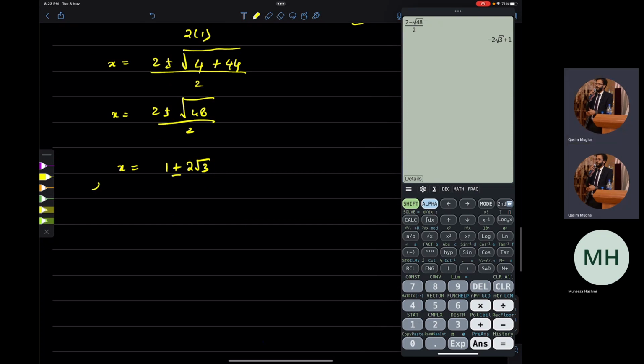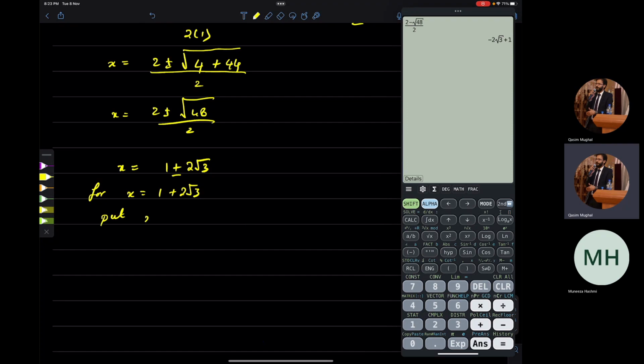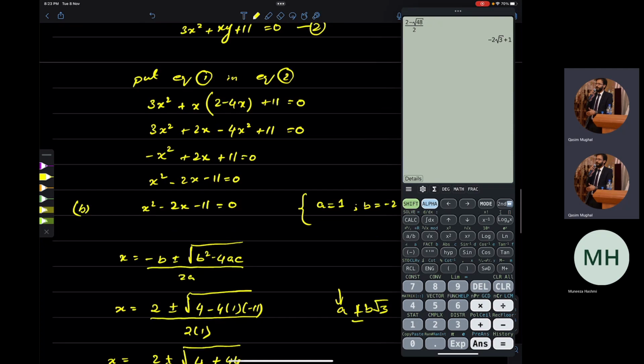So for x equals 1 plus 2 root of 3, put x equals 1 plus 2 root of 3 in equation 1. So y equals, what was it, 2 minus 4x?